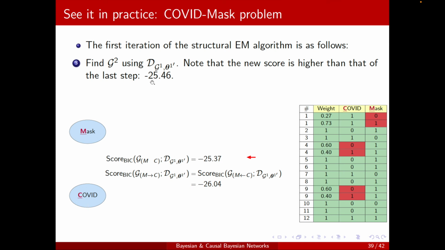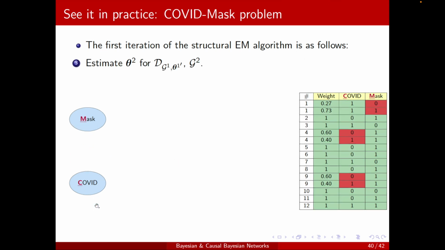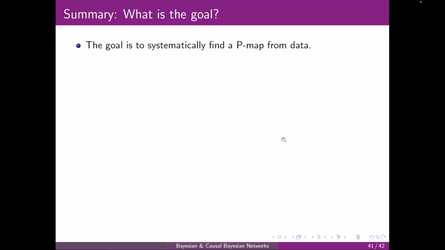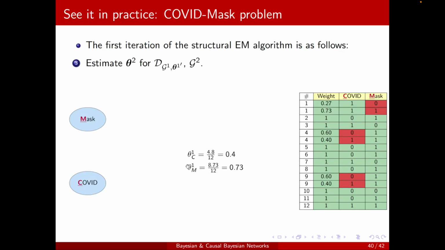The last step was minus 25.46, and that's the idea we had, the theorem we had with the BIC score. Great, so I'm done. I will just stay at this structure. Well, almost. I just need to update my parameters as well, the final parameters, and that's very easy. I will just calculate them based on the table, and I'm done now.